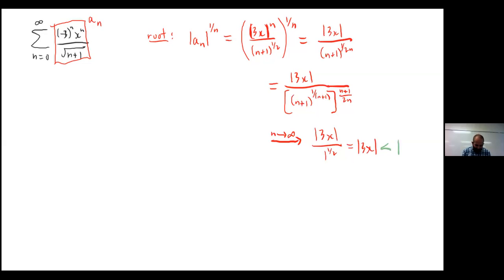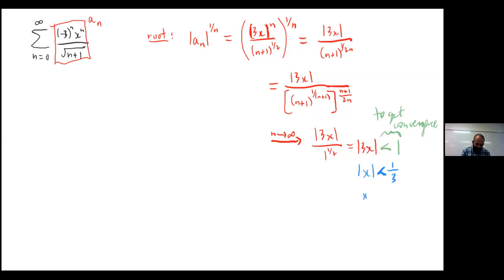So we need this thing to be less than 1 to get convergence. Okay? But if the absolute value of 3x is less than 1, what does that mean about the absolute value of x? What does that need to be less than? A third. You just divide through by 3, okay?